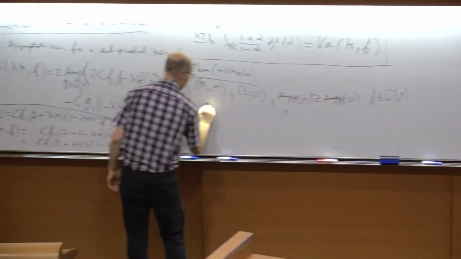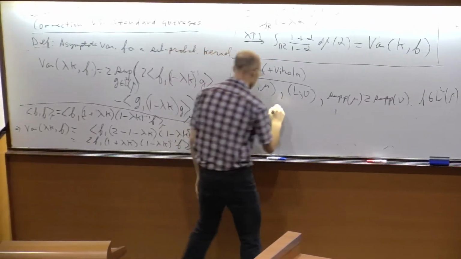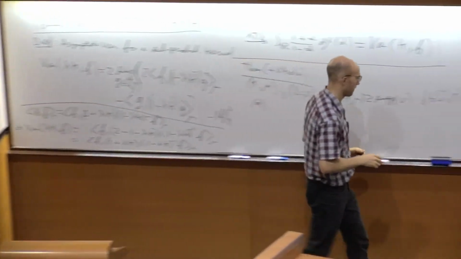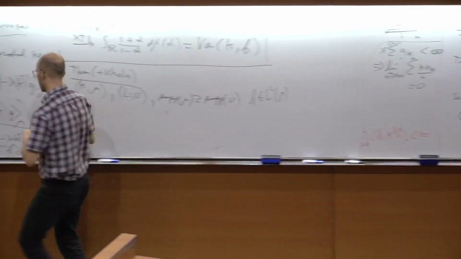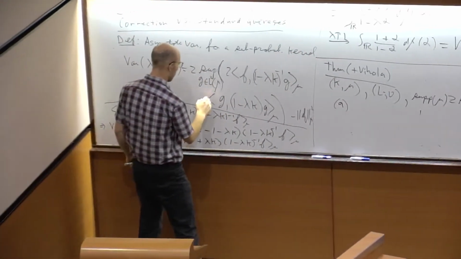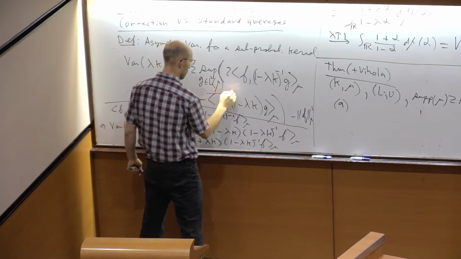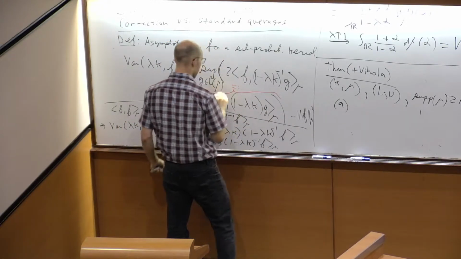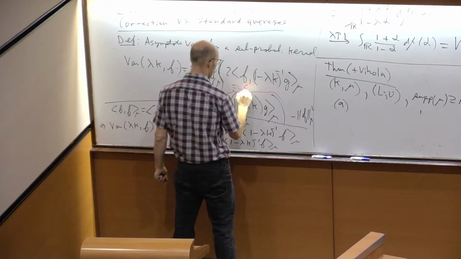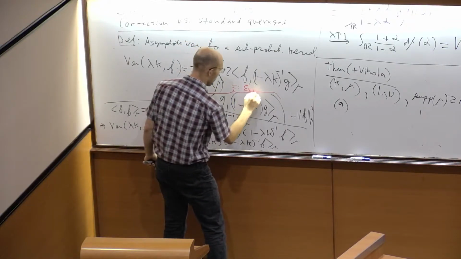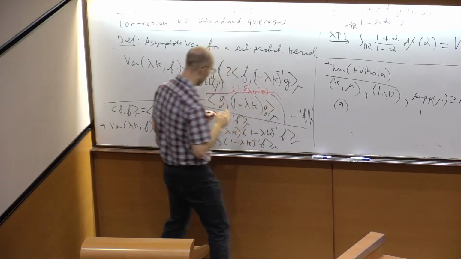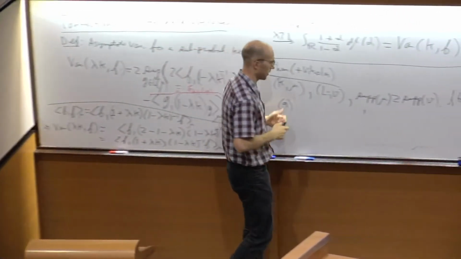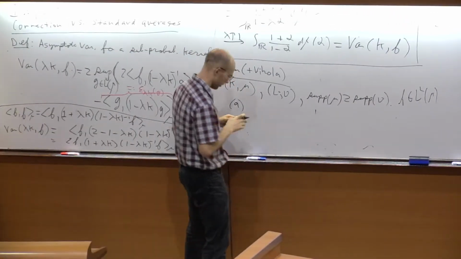And we have these conditions. I'm going to define this right here to be what's called the Dirichlet form for the subprobability kernel. And with lambda equals 1, it's the normal Dirichlet form.